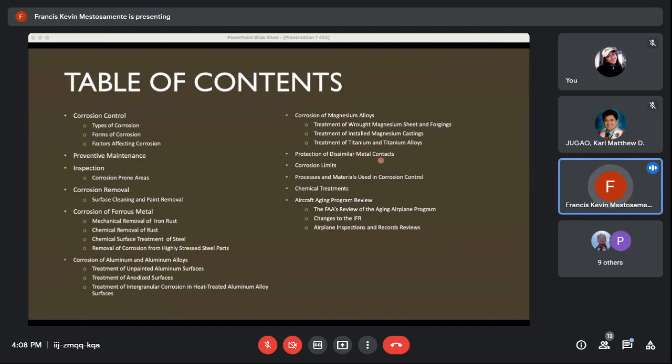We'll get into similar metal contacts, corrosion limits on how we categorize the corrosion damage on our aircraft, some chemical treatments, and a quick discussion on the aircraft aging program review.